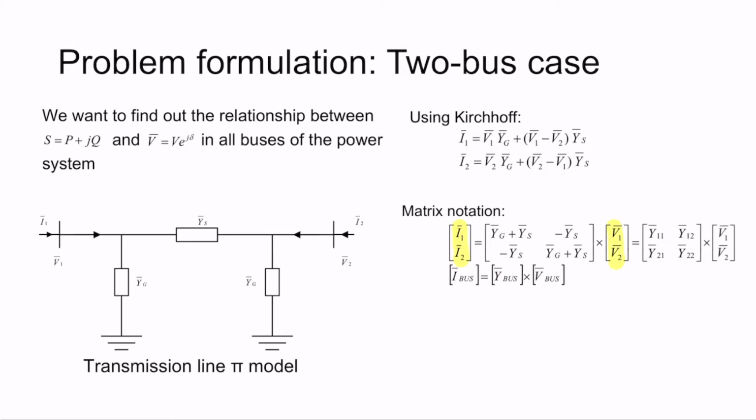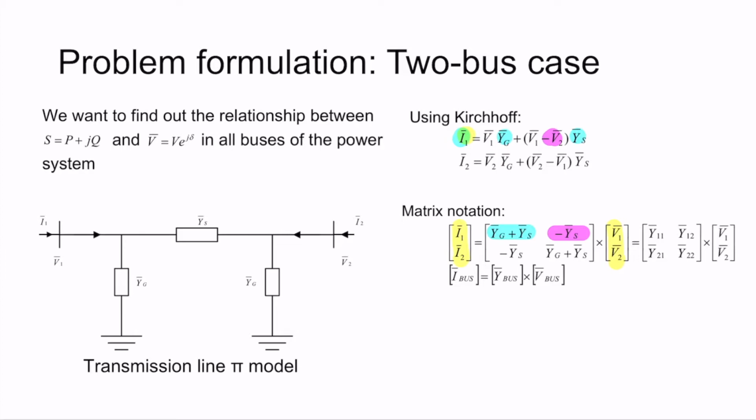This is a linear product, and I just need to rearrange terms. So I1 depends on V1 times YG, V1 times YS, and also on minus V2 times YS. I can do the same for the other part.